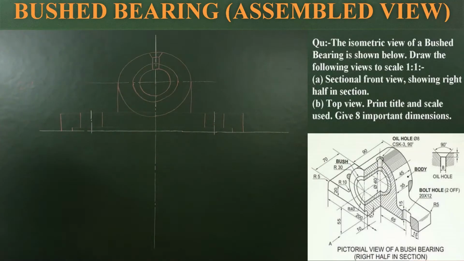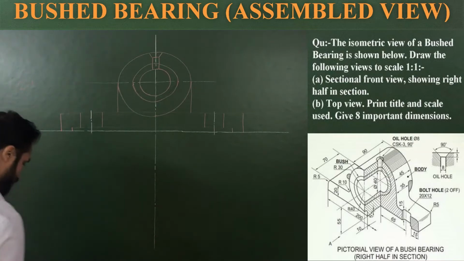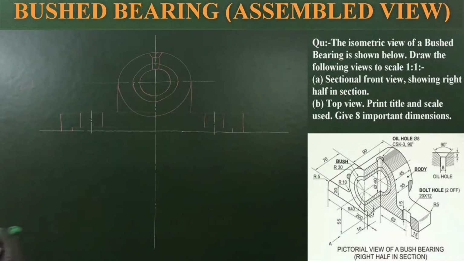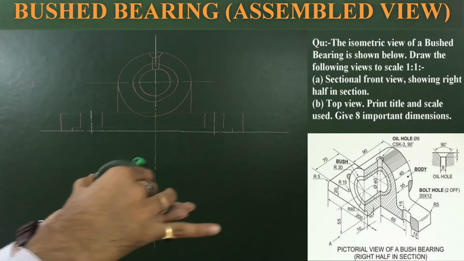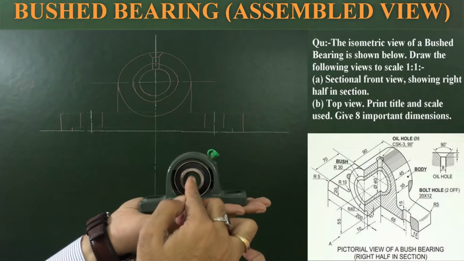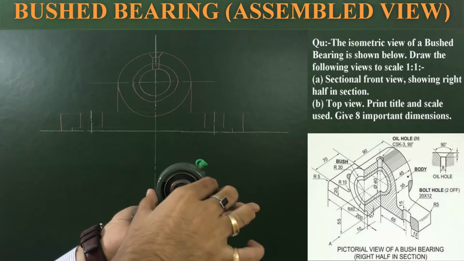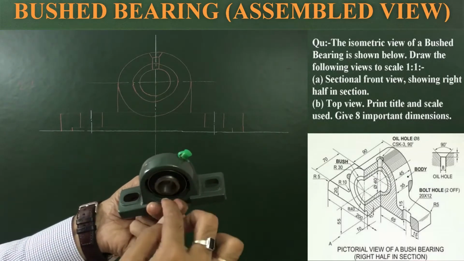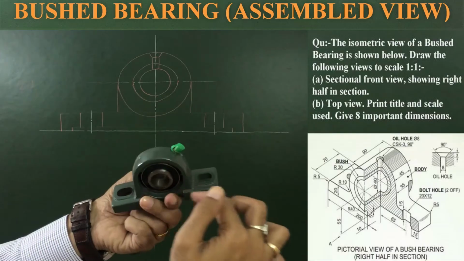Right half in section means in this bearing, right half means this part. Okay, so the removed portion of this bearing is the front right corner, this corner.